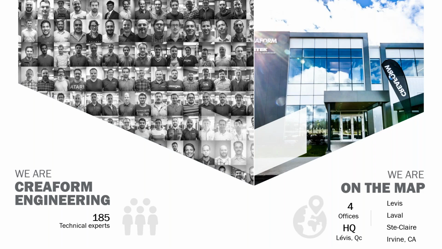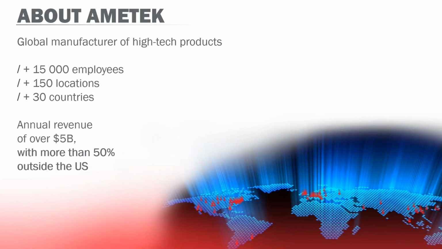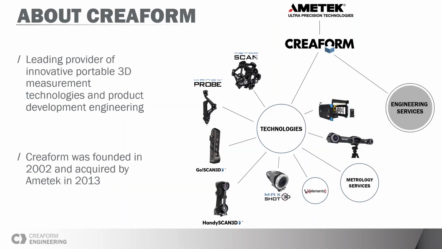If we go to the next slide, you see on the right, if you want to pause the presentation and come back, we have Amatec on the top. In 2013, Amatec bought Crewform as a whole, and Crewform has mainly 2 divisions. One is everything that relates to technology.